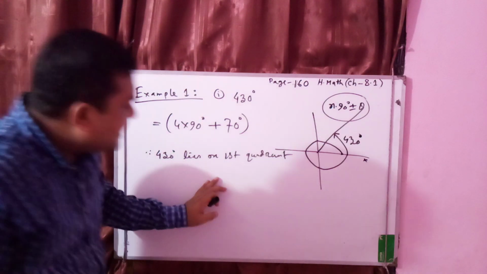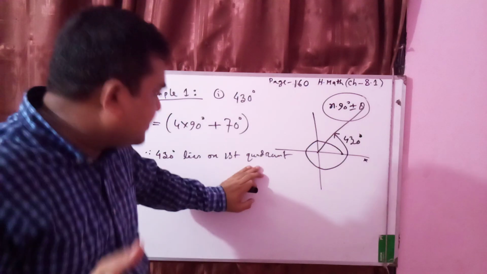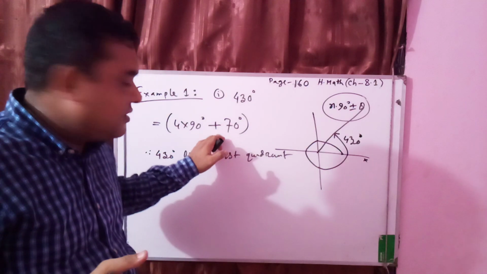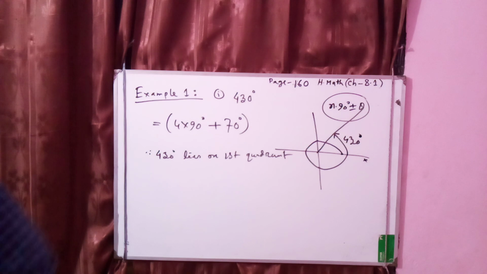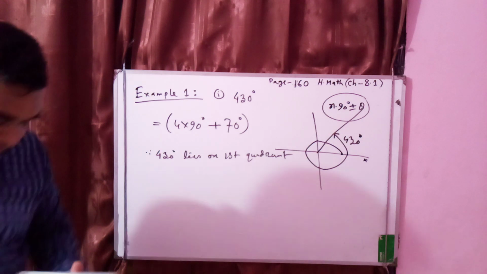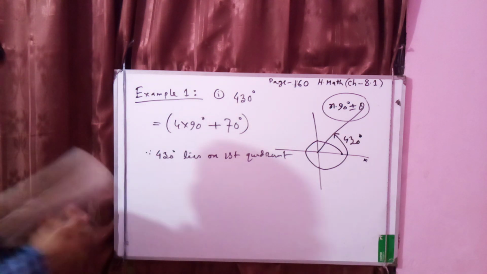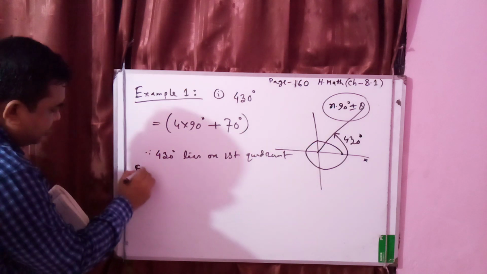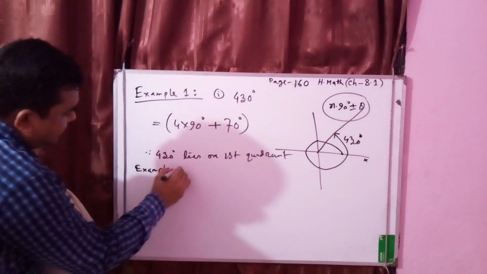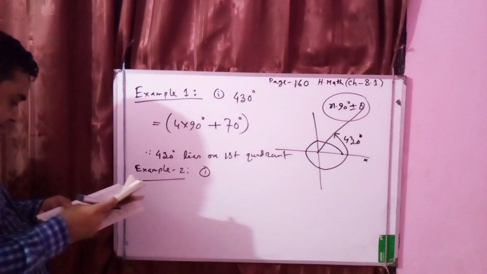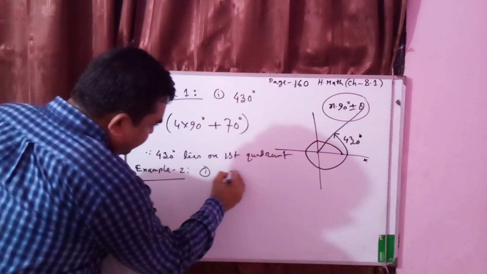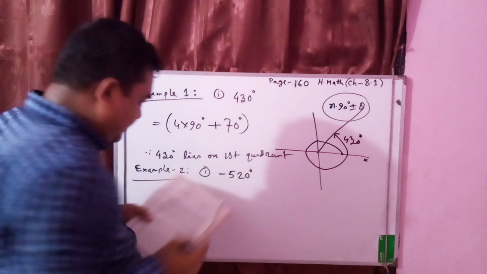Is it clear, all of my students? Okay. Again we see a negative angle. Example 2, number 1: here given minus 520 degree.